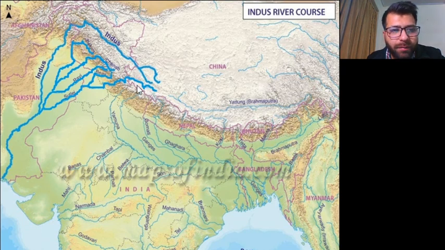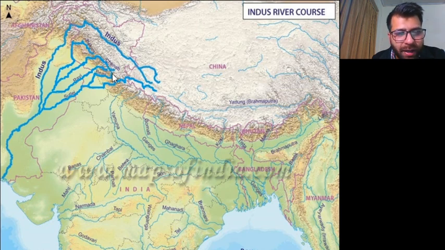If you see, among these rivers, Indus and Satluj both come from Tibet, and that is why these two rivers are called antecedent rivers. Now, what are antecedent rivers? Antecedent rivers are the ancient rivers that used to flow before the formation of the Himalayas. If you see, this white thing is the snow over the Himalayas.